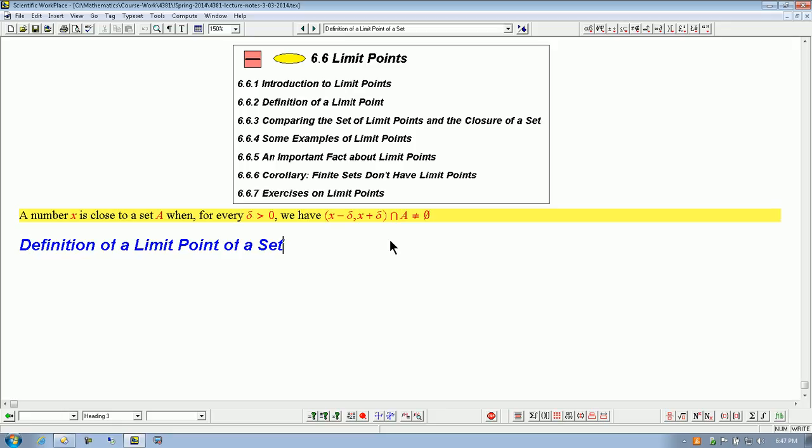Limit point. Given a number, X, and a set, should we call it A or something? Okay. We call X here's the new word, a limit point.